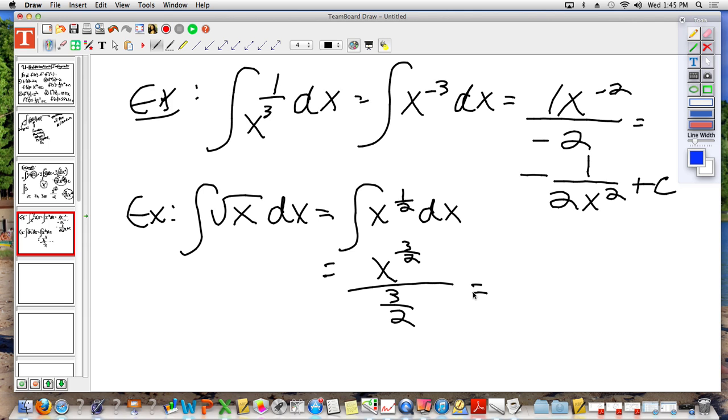equals. Now, I'm taking a numerator divided by a fraction. What happens when I divide by a fraction? Multiply by its reciprocal. So just do that in your head. Get rid of the fraction on the bottom, flip it, and move it to the top. So you have 2/3 x to the power of 3 over 2.